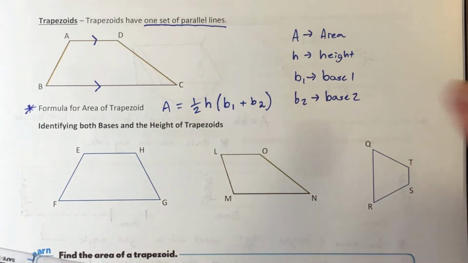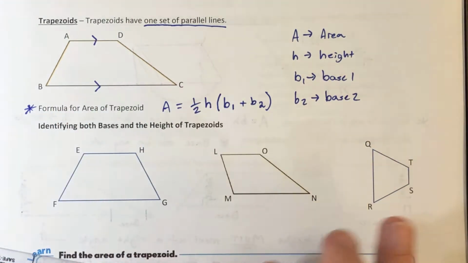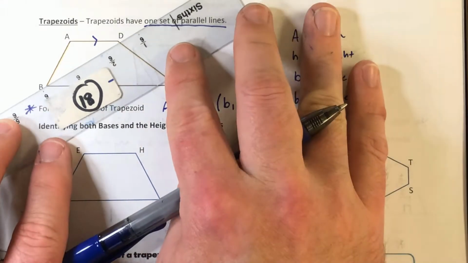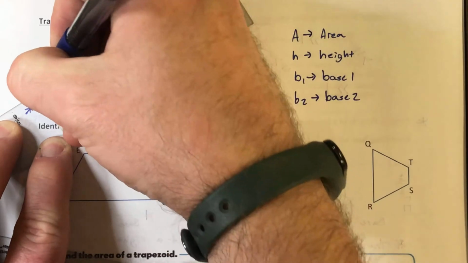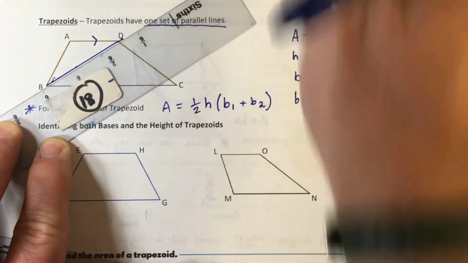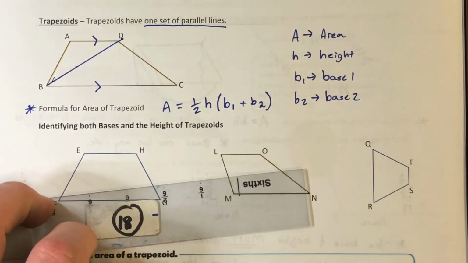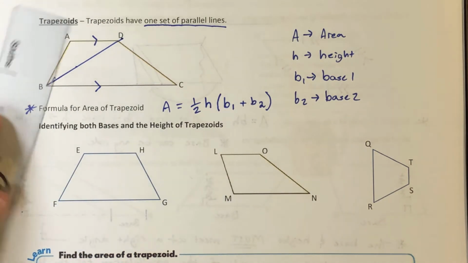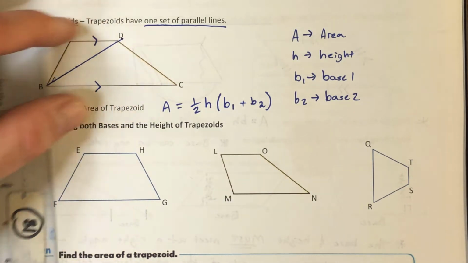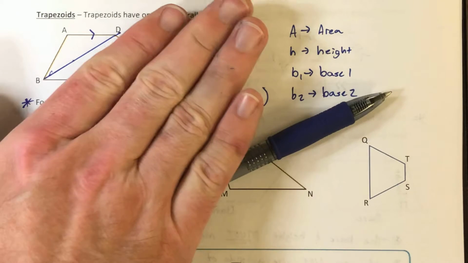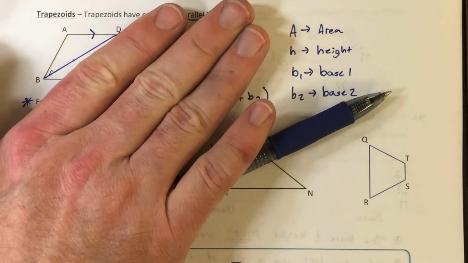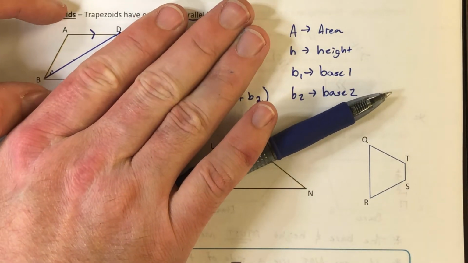So trapezoids have two bases. Why do they have two bases? If you look at a trapezoid, you might notice that you could split it into two different sized triangles. But if you measured it, their heights would be the same. So if I looked at the top triangle, this would be its height.